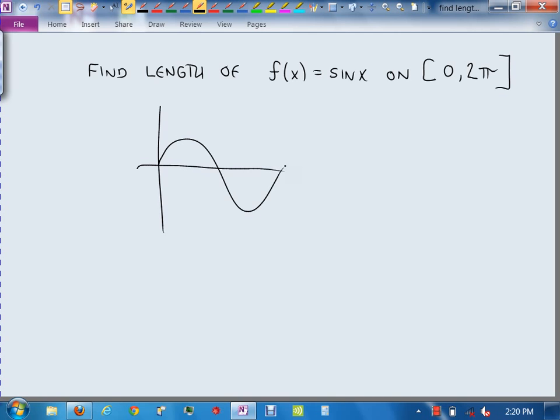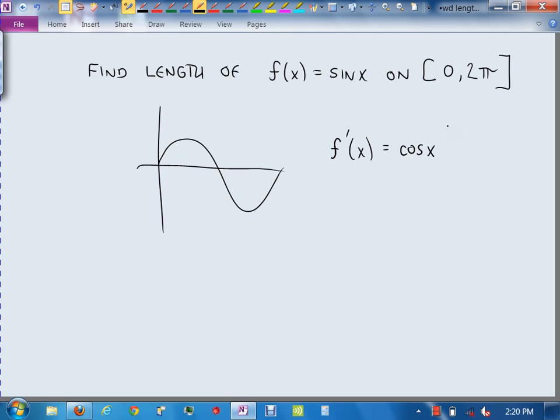That's it. So the derivative of that function is negative cosine, or no, cosine. You're messing me up. Right, cosine x. Now we don't need dx because dx is 1.